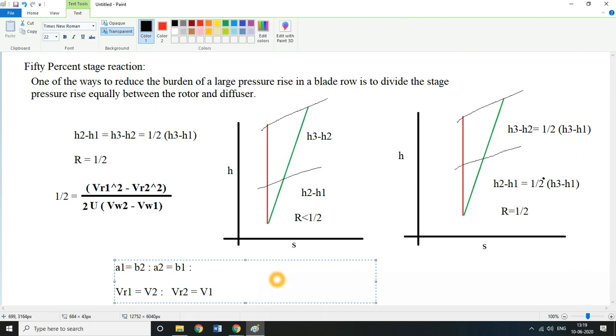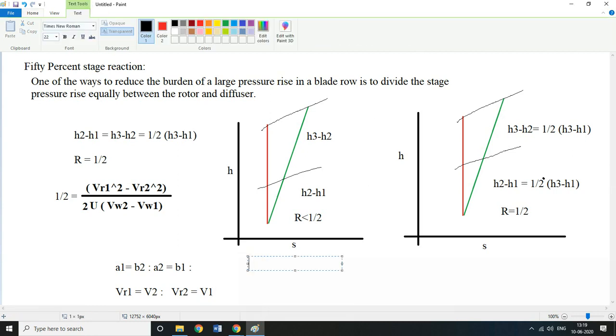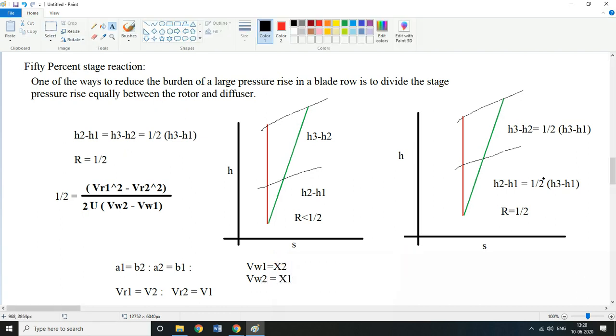Then you have another important consequence, that is VW1 will be equal to X2, and VW2 will be equal to X1. So these are some of the important consequences when you design the blade to be in 50% stage reaction.